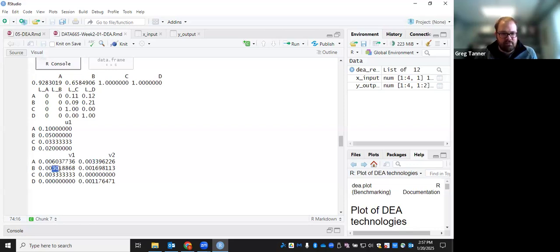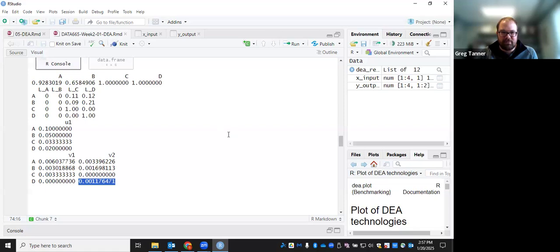Similarly, DMU B also puts about twice as much importance on the first input than the second input. DMU C puts all of its importance on the first input because it scores better in that output. And then DMU D puts all of its importance on the second output because it performs best under that one.